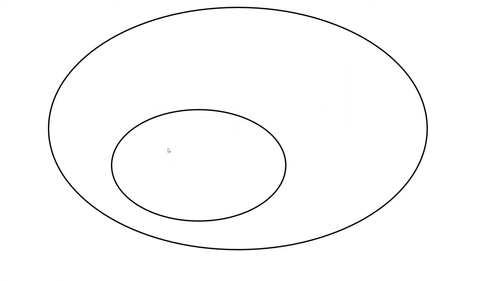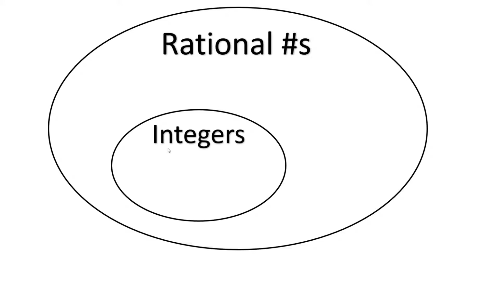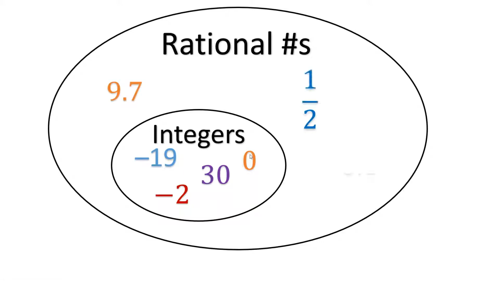The math part here is rational numbers versus integers. All integers are rational numbers, but not all rational numbers are integers. These numbers are integers, and those numbers are also called rational numbers, versus these numbers on the outside, which are not integers, but they are rational numbers.